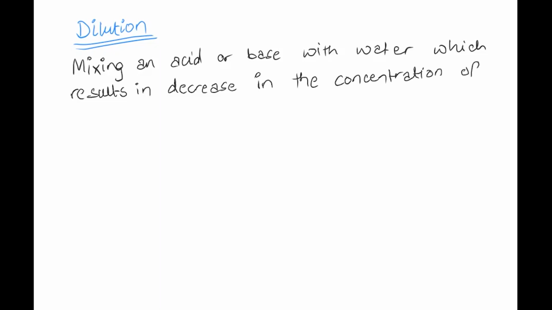So this process is known as dilution. While studying classification we studied concentrated and diluted acids and bases. So this process of making diluted acid or diluted base is known as dilution. Okay, is it clear to you all? Yes, sir. Okay, that's good.